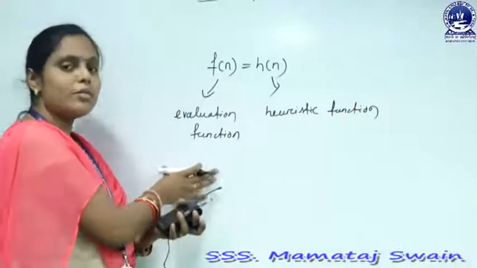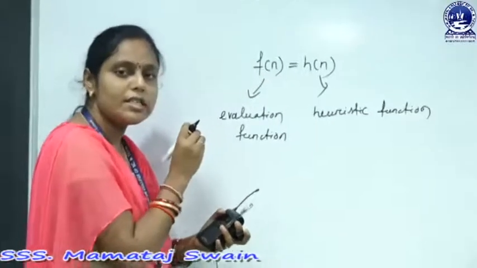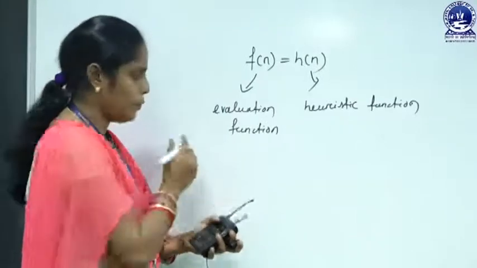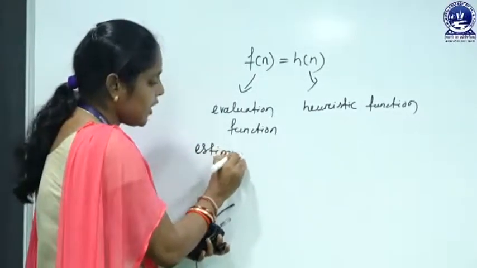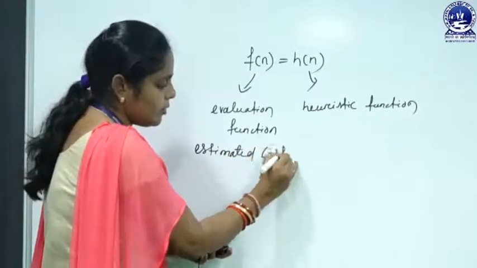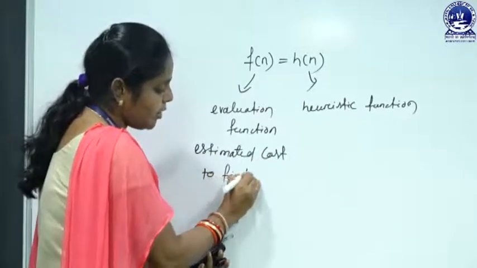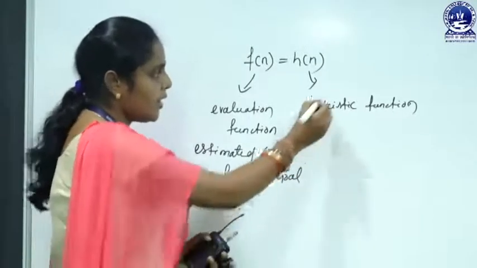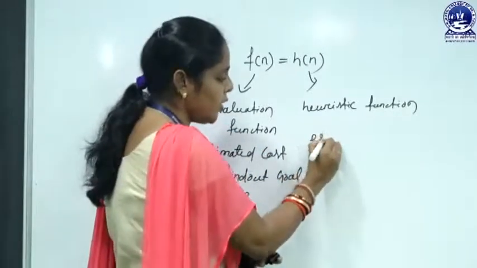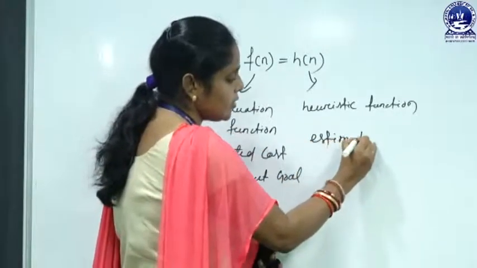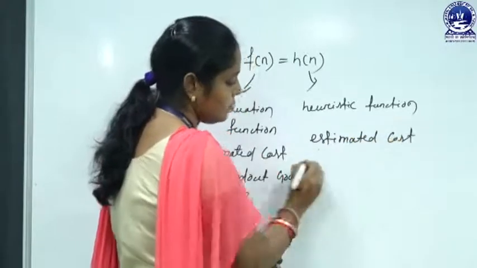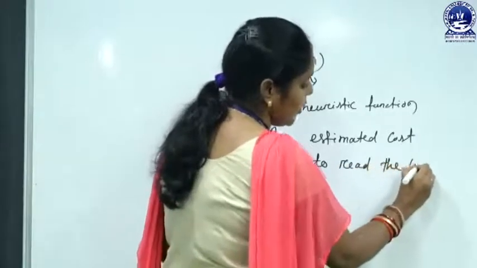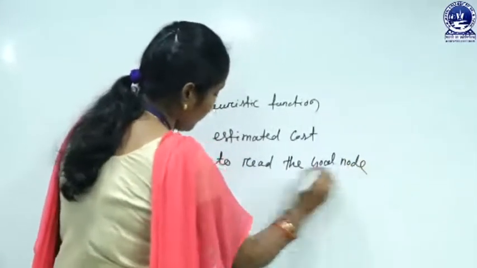The evaluation function is the estimated cost for a node to reach the goal node. It is the estimated cost to find the goal node. And the heuristic function is the estimated cost to reach the goal node from node n.